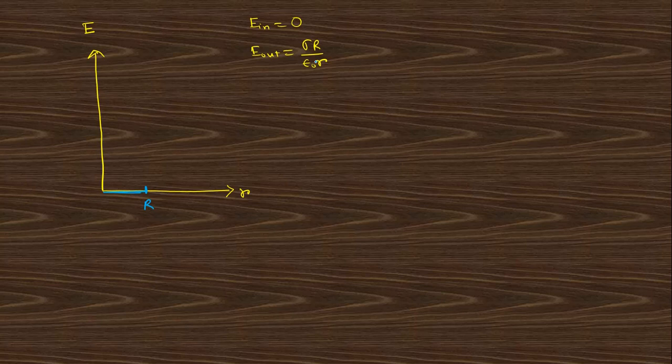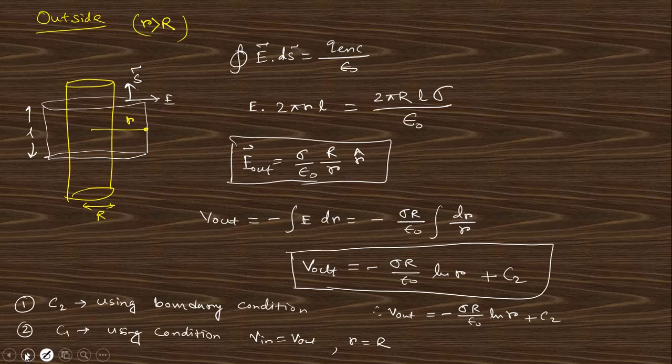After that, at the surface, r equals R, the field is sigma by epsilon naught. So at r equals R this is sigma by epsilon naught, then it reduces with increasing r. Clear? This is the curve for the electric field.